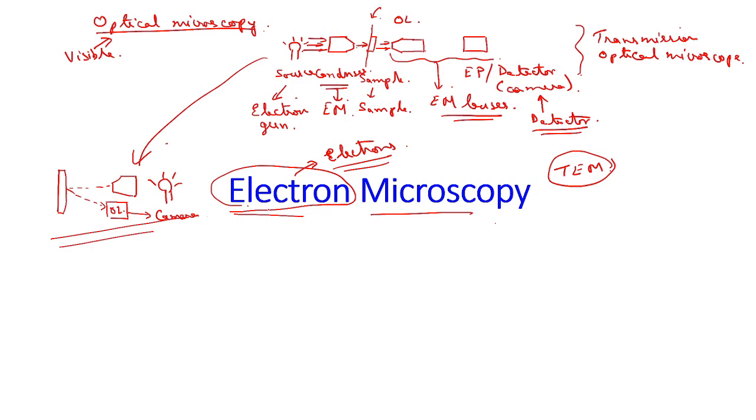Okay, there is another type of electron microscopy which is similar to this reflected light microscopy, and it is called scanning electron microscopy. In short, it is called SEM. So when we talk about electron microscopy, basically the electron microscopes can be categorized either as transmission electron microscopy or scanning electron microscopy.